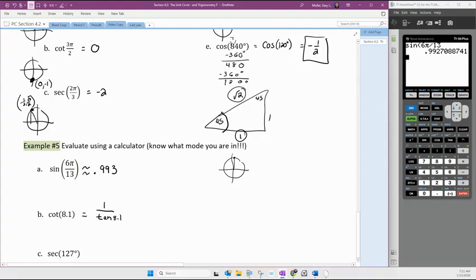Because whatever the tangent of 8.1 is, remember we take the reciprocal of it, and then we will get our answer. So I'm going to go ahead and do this the wrong way. I'm going to do the tangent first of 8.1. This is not the right answer, but it is the reciprocal of the right answer. So then all I need to do is flip it over.